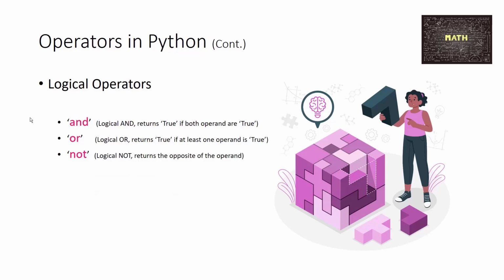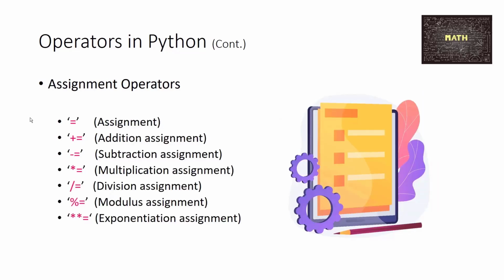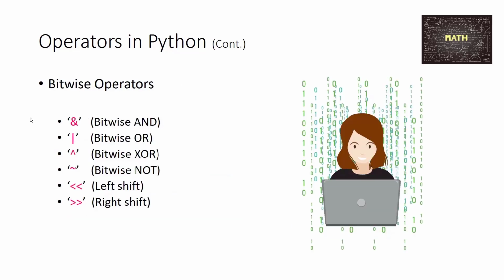Logical operators. These operators perform logical operations and are often used to combine or modify Boolean values. Assignment operators. These operators are used to assign values to variables. Bitwise operators. These operators perform operations on binary representations of numbers.